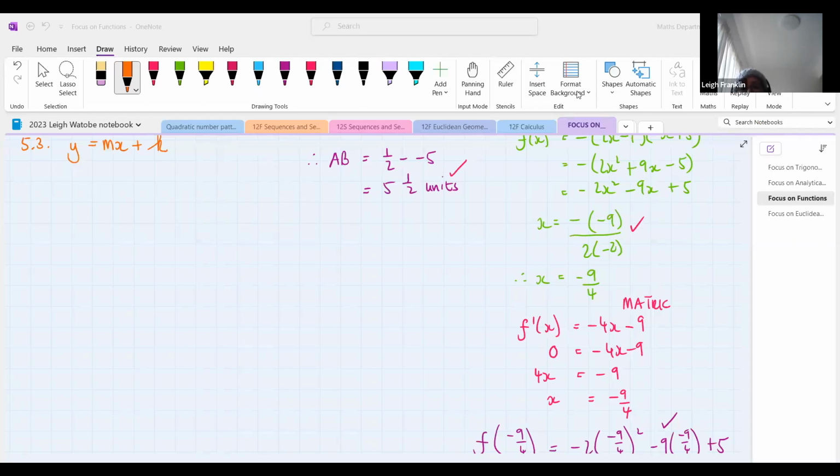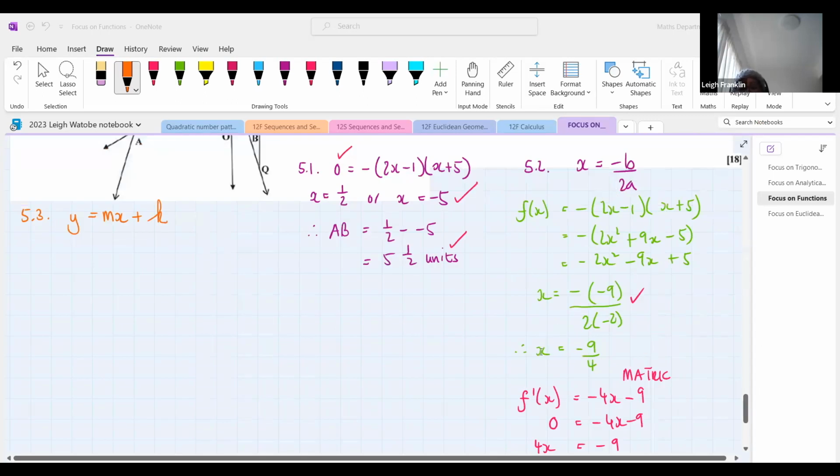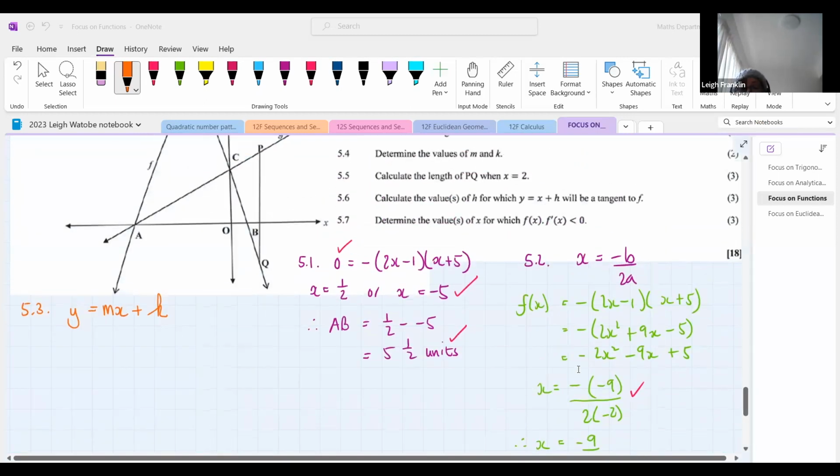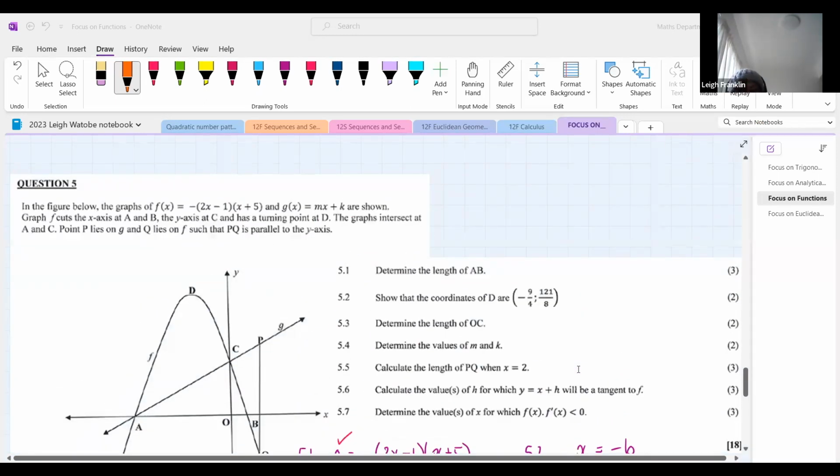So Rosaria, your options are to do what I've done here in green using x equals negative b over 2a. That's one option. The second option, if you're in matric, is to use calculus. So what I did here in pink, finding the derivative, making it equal to 0 because the gradient at the turning point is 0, and then solving for x. The other method is to use midpoint formula, which I can show you now as well.